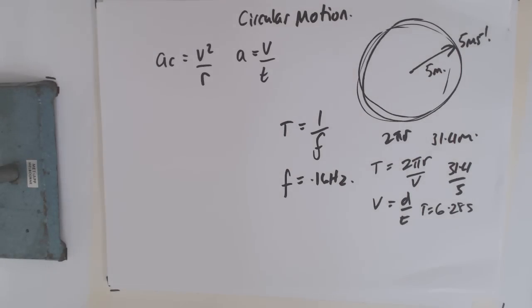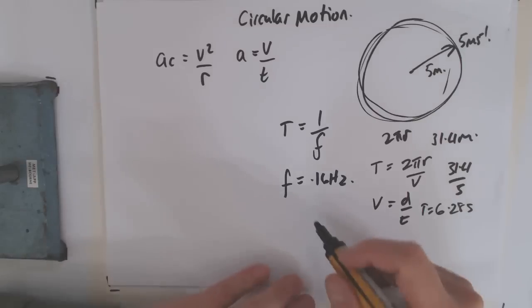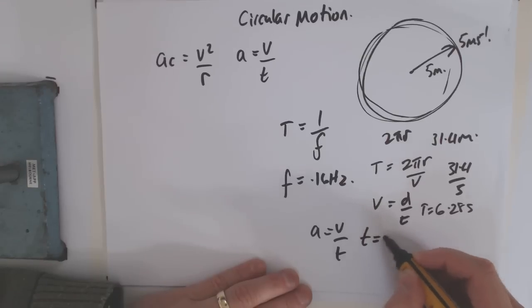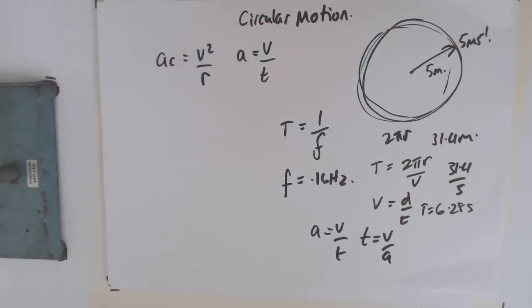Now, looking at that formula here, a equals v over t. So t equals v over a is legitimate, isn't it? Don't you think? But what's a? Well, if we've worked out our a with our centripetal calculation, we come up with a number. None of this is going to work, right? So what is our a for the circle?